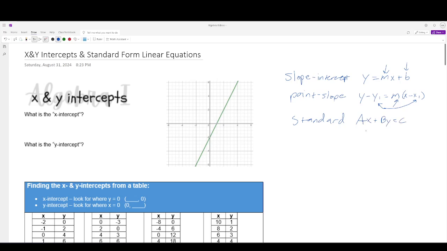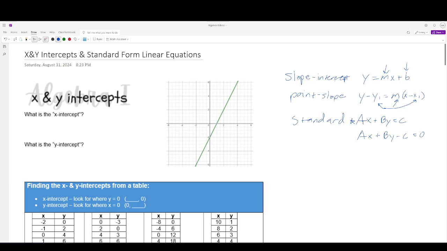I feel like sometimes it's also written as ax plus by minus c equals 0, but we're going to be using this first version of standard. It's what's on the star chart and it's what we teach. But if you ever are looking up problems online for standard form and you see it like this, I think that's an alternative way of writing it where you bring c over to the left, but that's whatever.